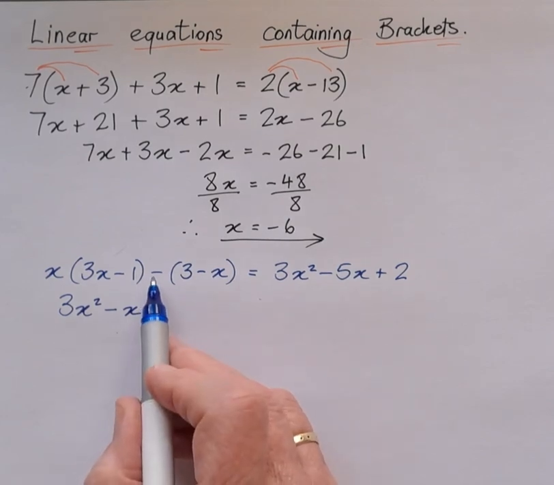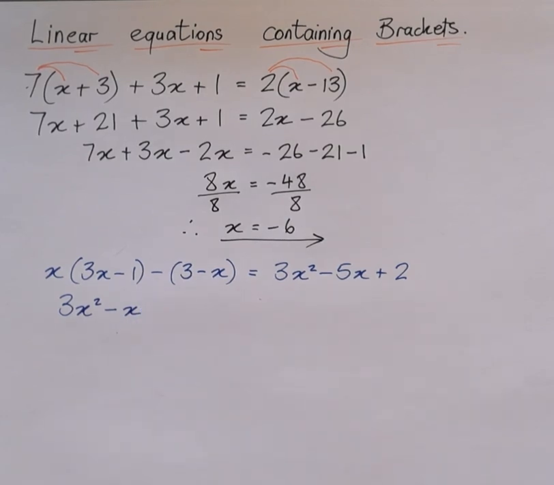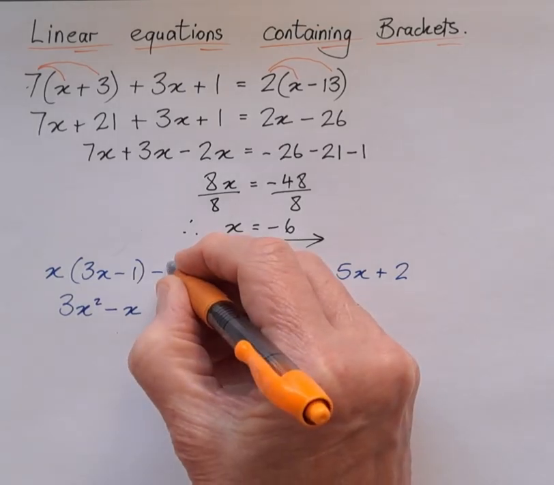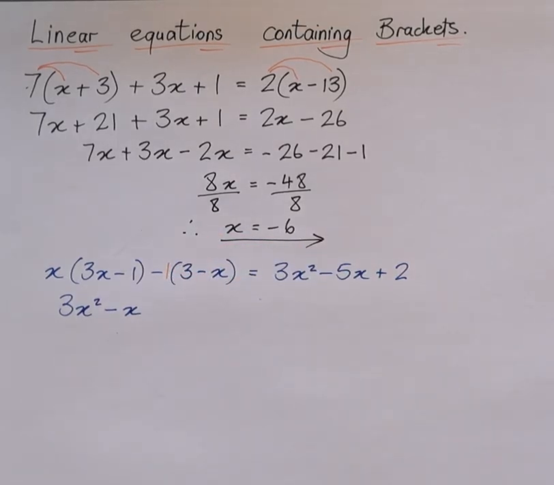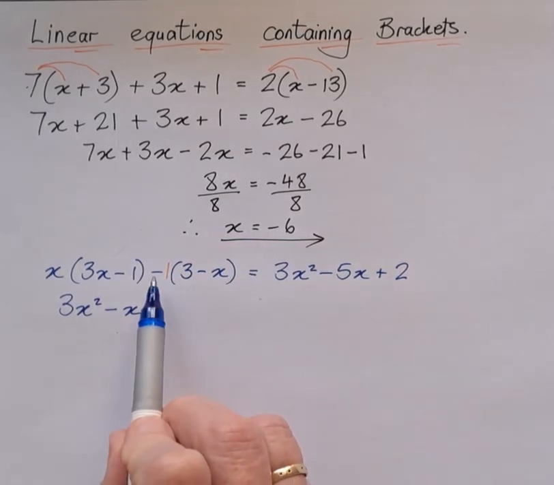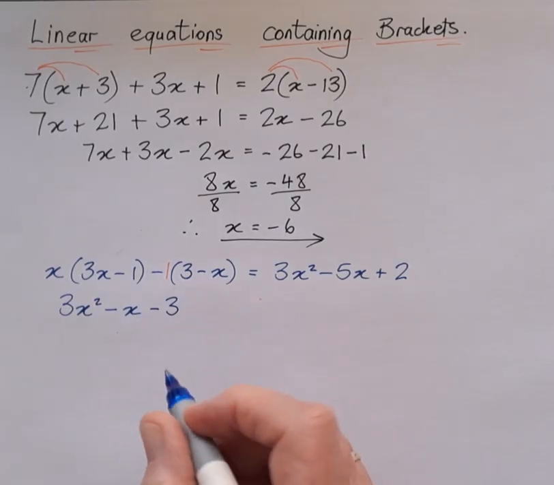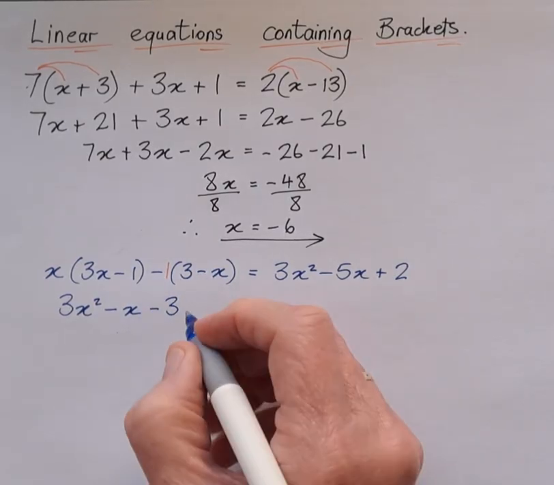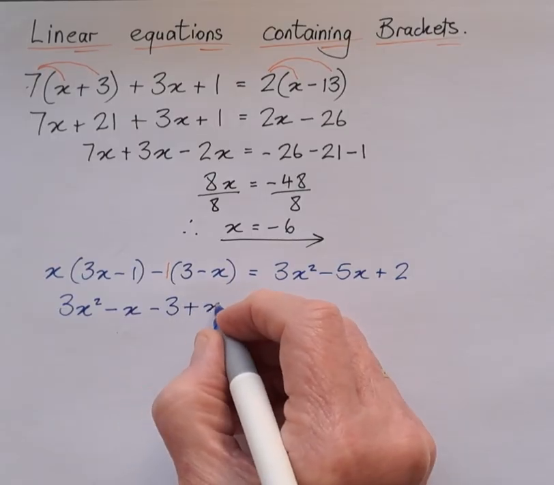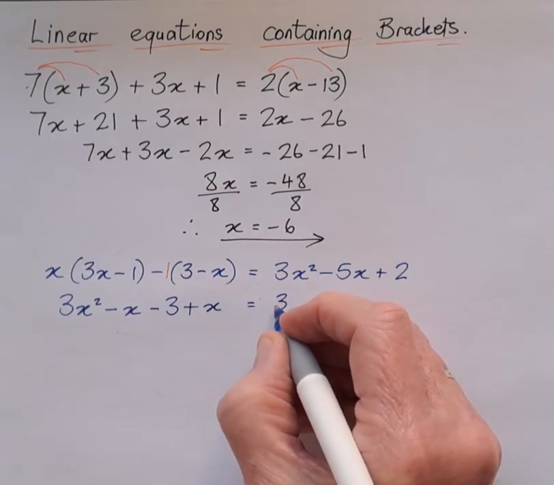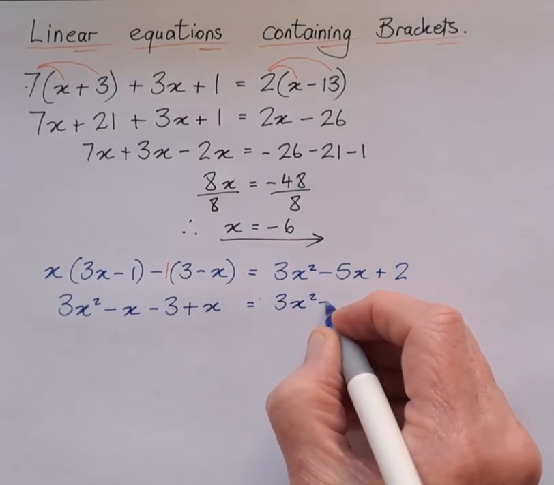Then here it appears just to be a negative sign, but remember that's an invisible 1 standing there. But basically it's the signs we need to worry about. So we've got negative times positive is negative 3, and negative times negative is positive x. And this side is exactly as it is.